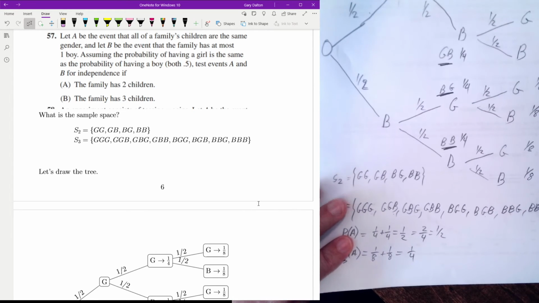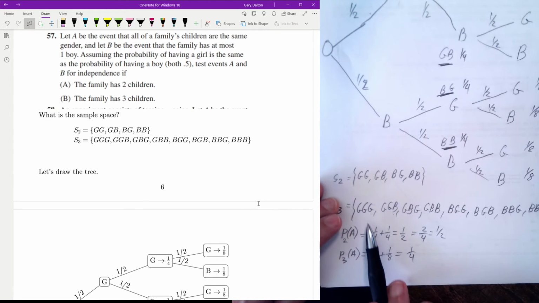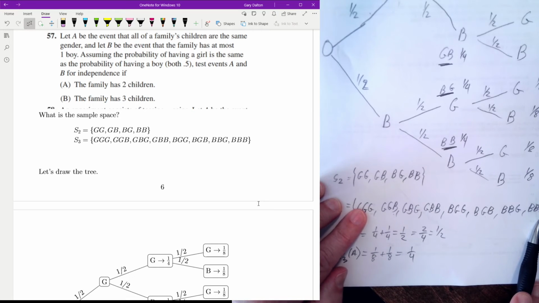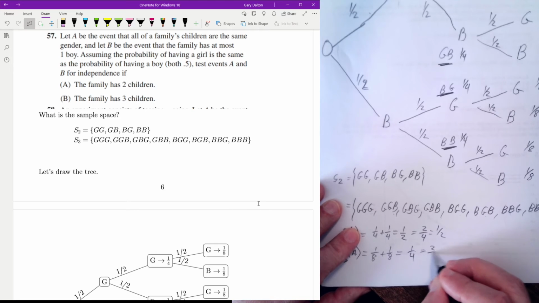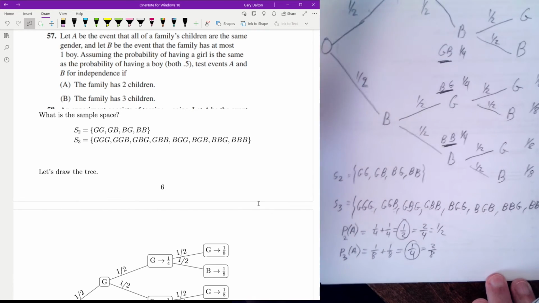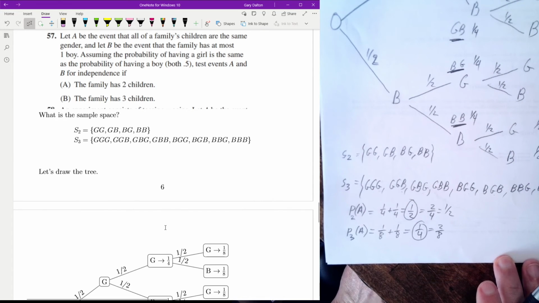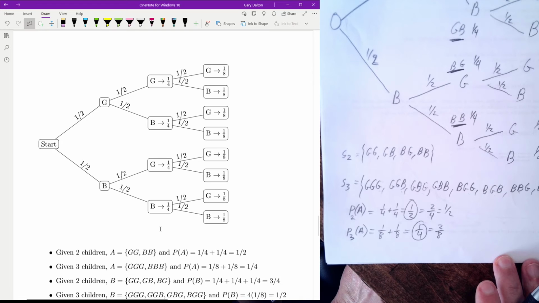You could also view it as looking at our sample space and picking out 1, 2, so 2 divided by 8. So there's multiple ways to get to this answer, but the answer is still going to be 1/4 and 1/2.